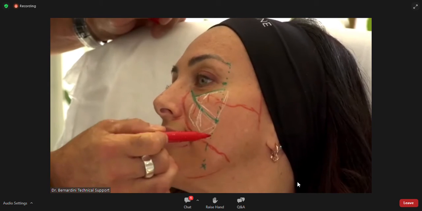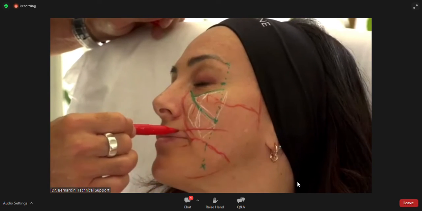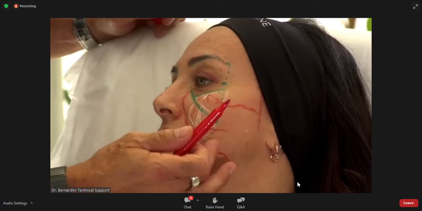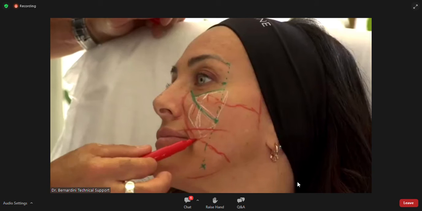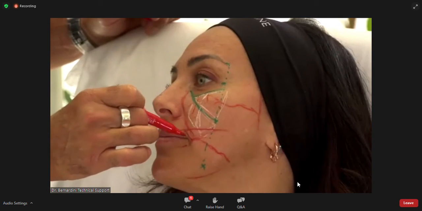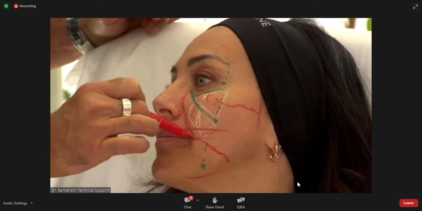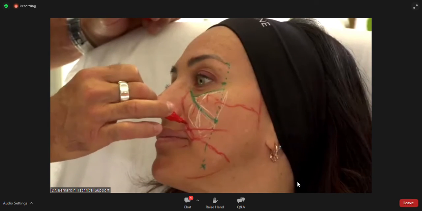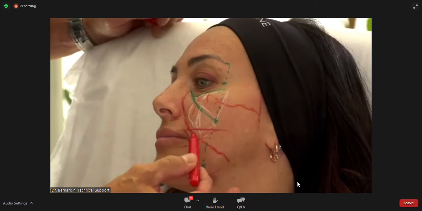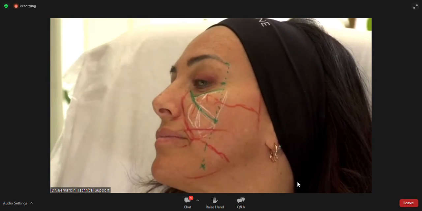Up to this area, the artery runs deep, very deep into the bone. From this point on, where the transverse facial ligament is, the artery becomes superficial or intermediate, but here is the superficial. So superficial from up above and below is deep. We need to keep that in mind.